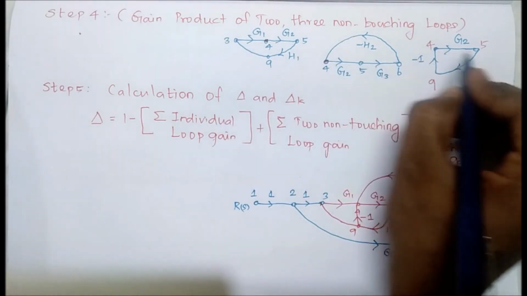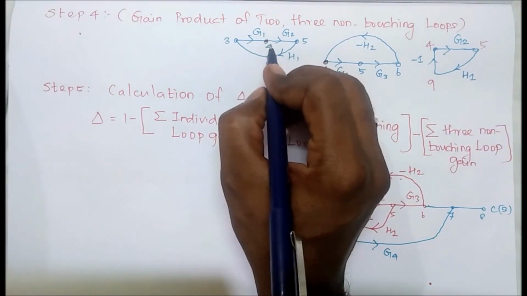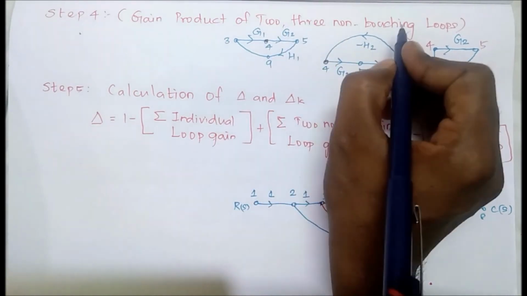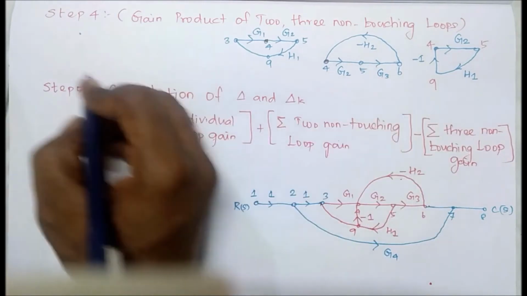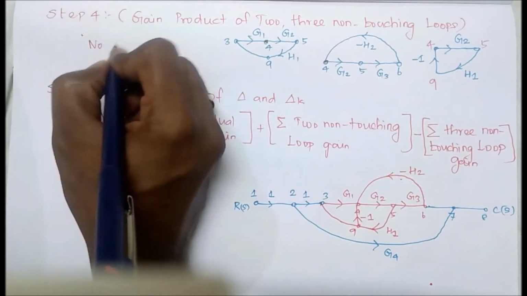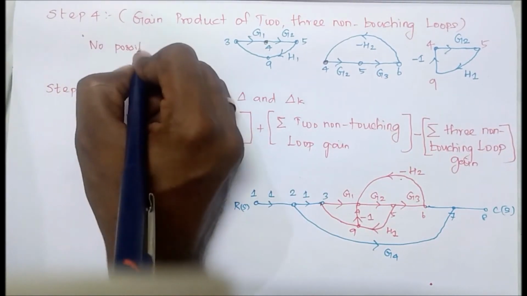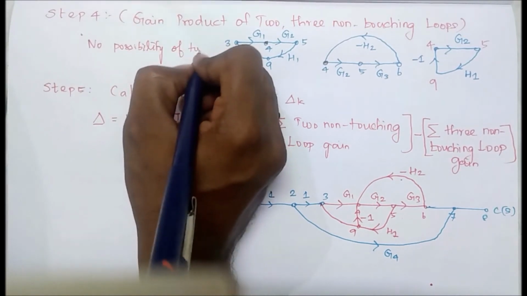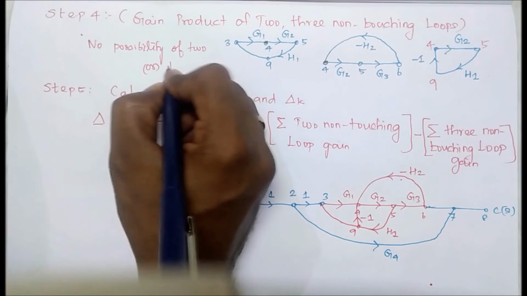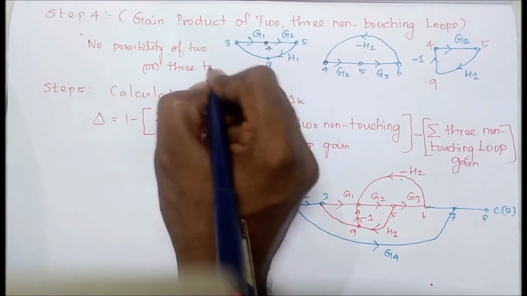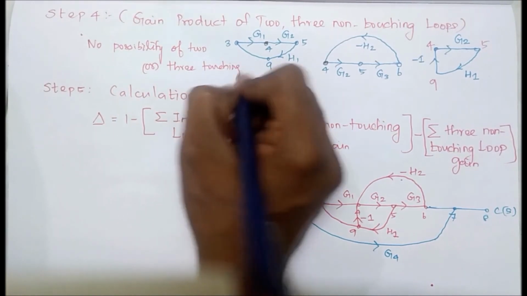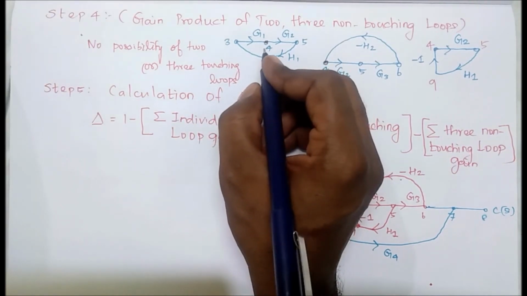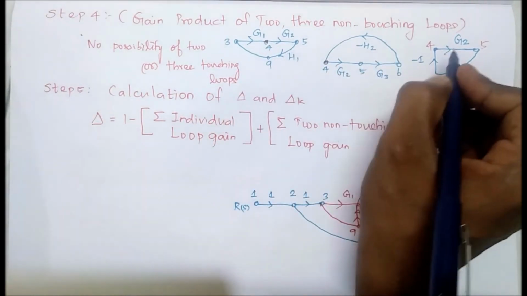Therefore all 3 loops are involving the same node 4. So there is no 2 or 3 non-touching loops in the given problem.